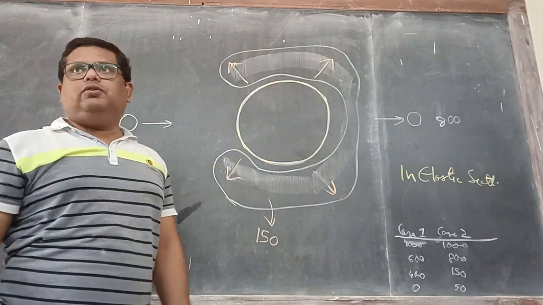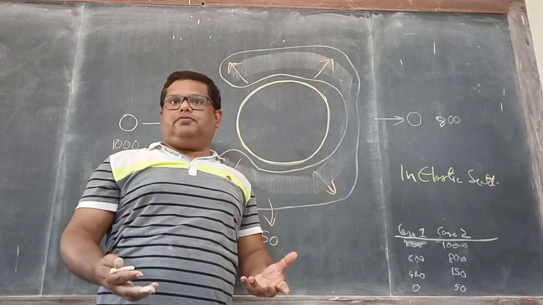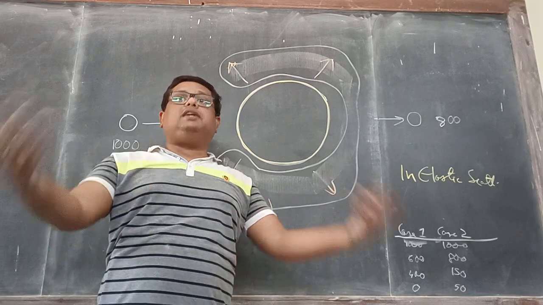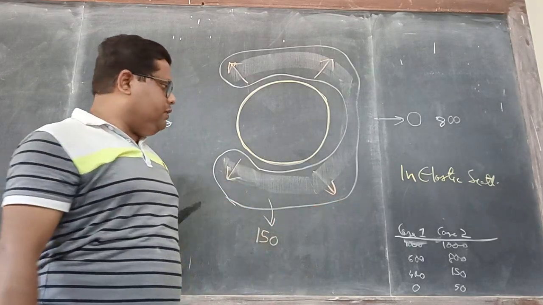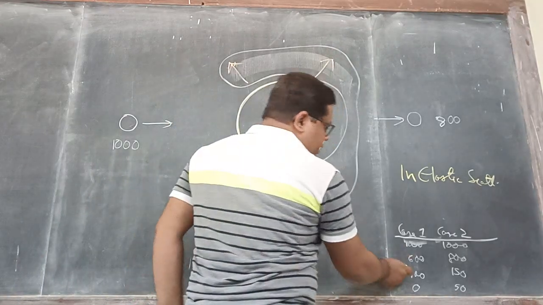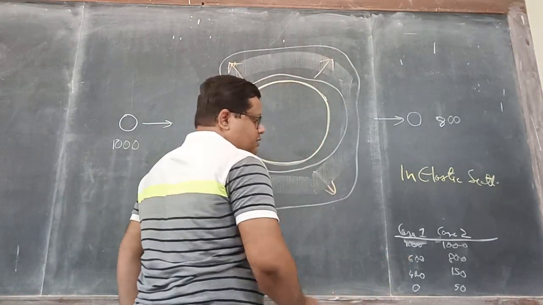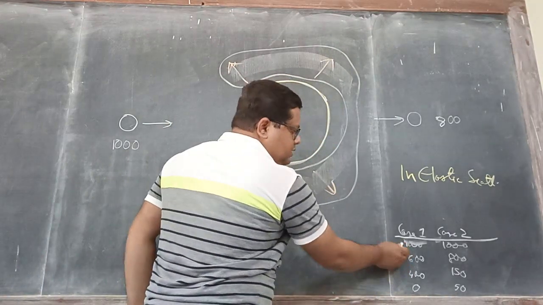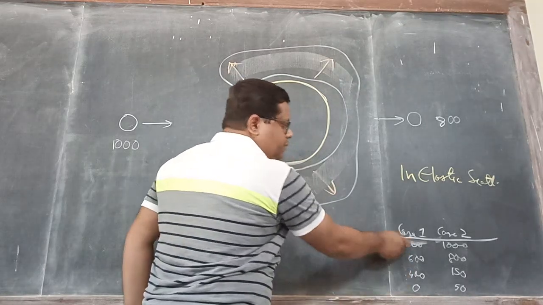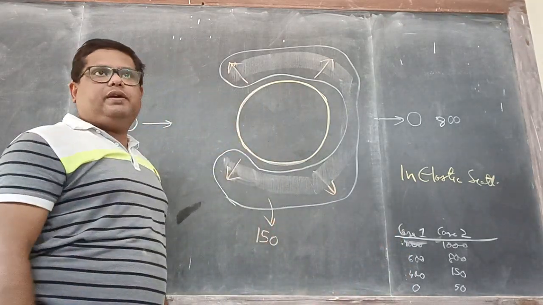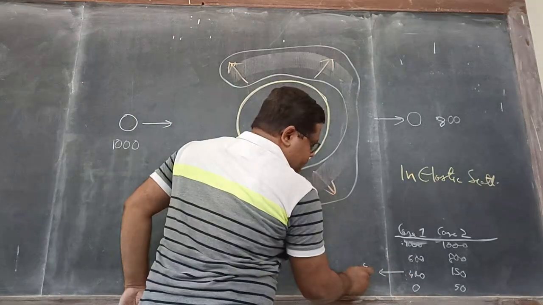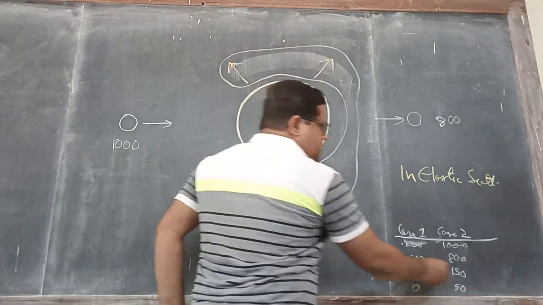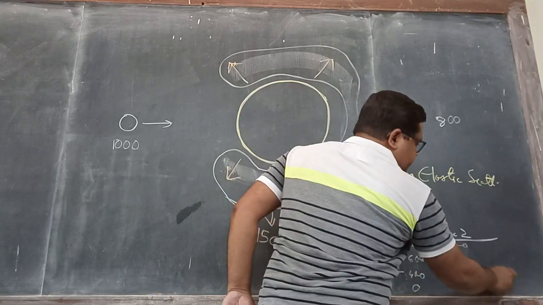Now if I ask you what is the percentage of elastic scattering, in which case is elastic scattering more, what will you say? Let's do a simple maths. In case 1, the ratio of elastic scattering is 400 by 1000, which is 40%. What is this in case 2? 15%.